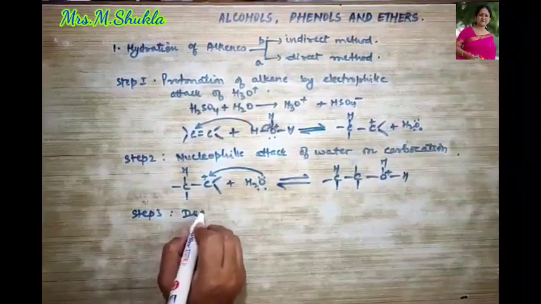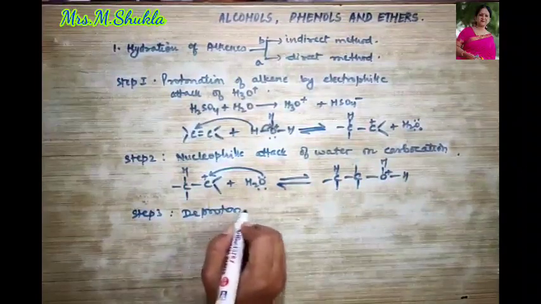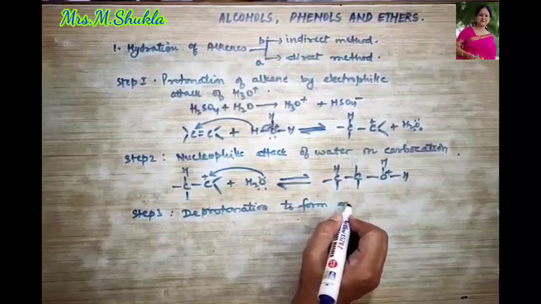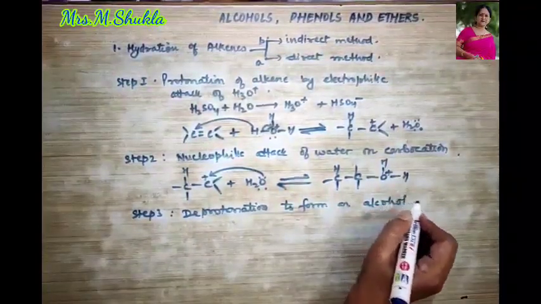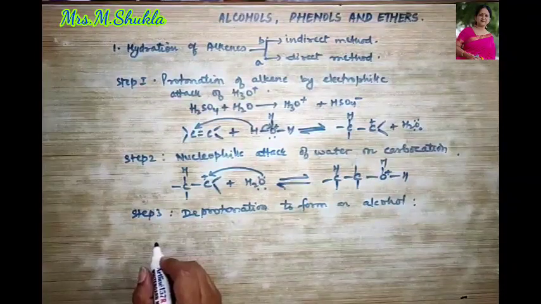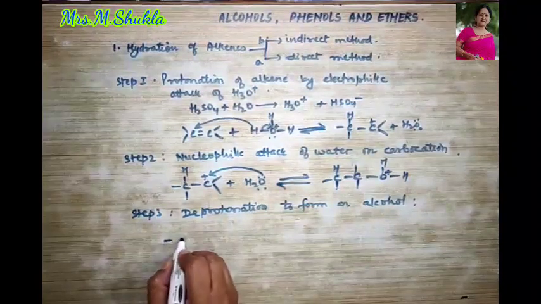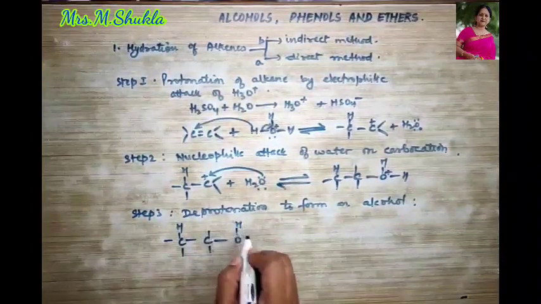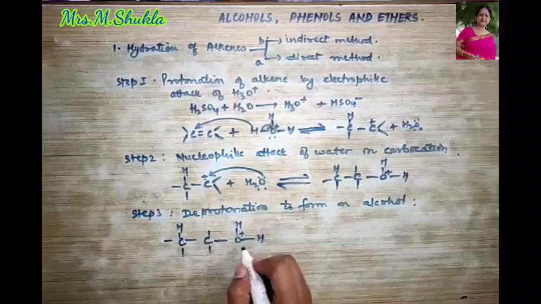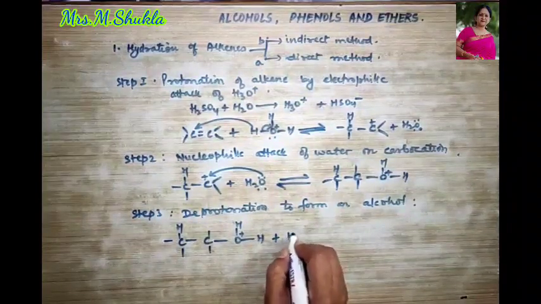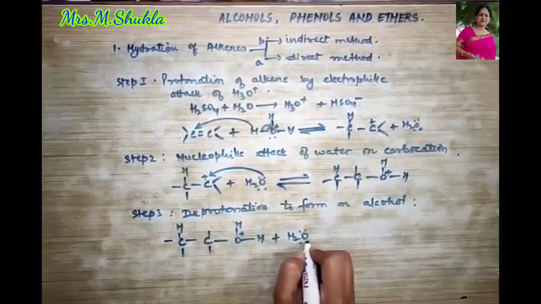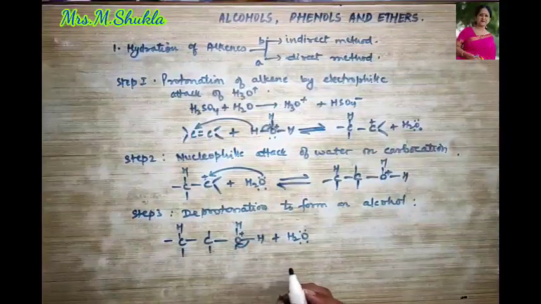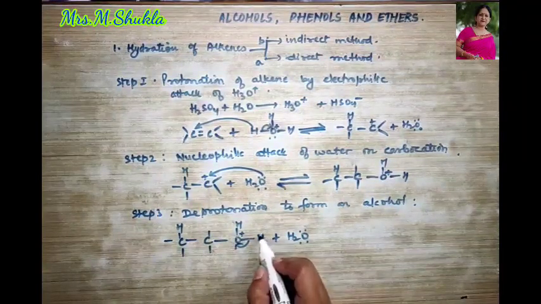Now comes your third step. The third step is deprotonation to form an alcohol. Over here, look at the structure. Water, which has the lone pair, combines with it. It has a positive charge over here, so it will attract the electrons from its bond. And where will this hydrogen go?